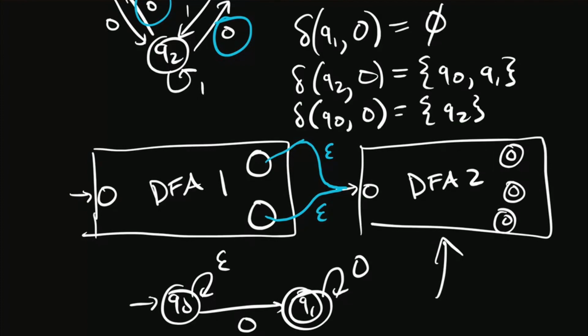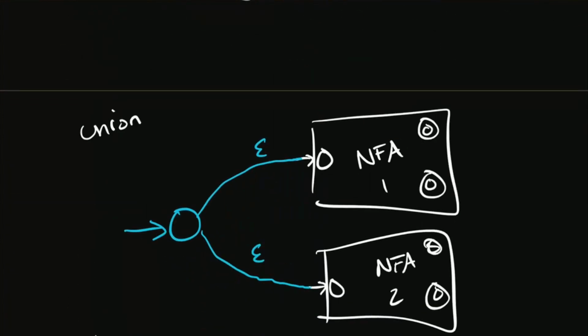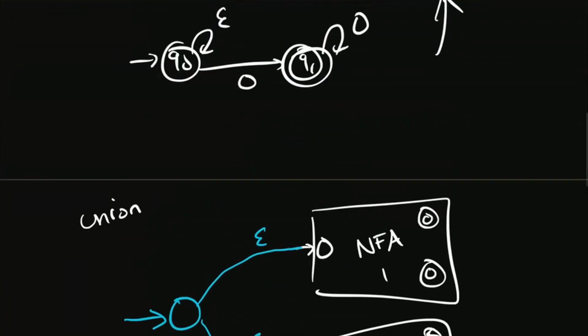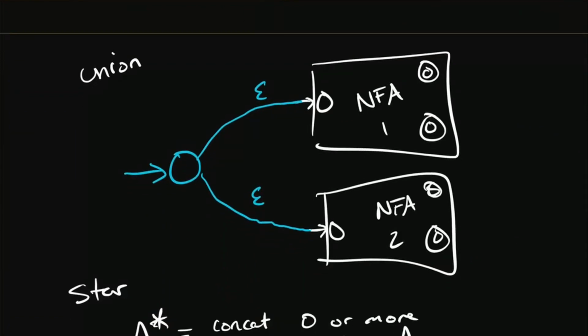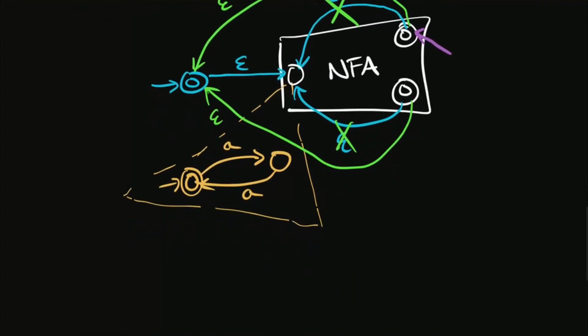But if I can convert an NFA to a DFA, that's enough. Because I can just do the union, the star, and the concatenation constructions, and then apply whatever conversion we need to get the DFA we actually want. Sound like a plan? I need more enthusiasm. Sound like a plan? Yes. Yeah. I guess I need to adjust my tone.